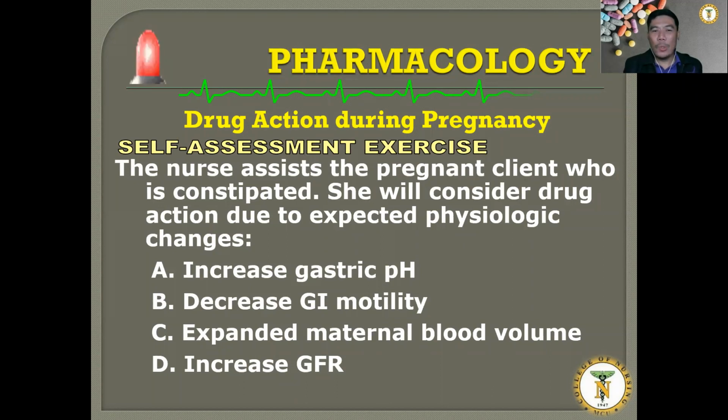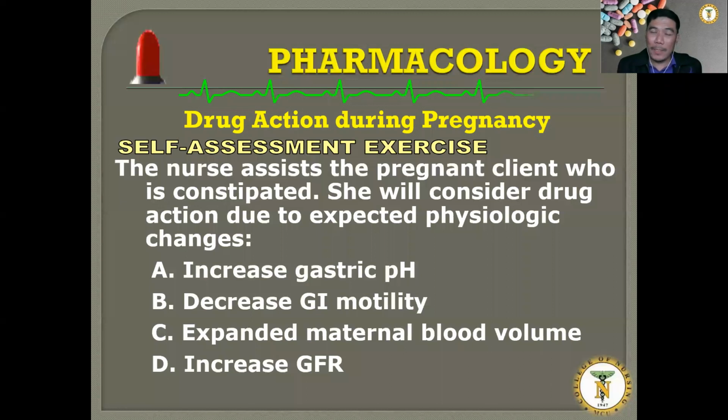Okay. With your analysis of the question, we are considering constipation. And constipation is related to intestinal concerns or problems, right? That's why pregnant mothers are being encouraged to do what?